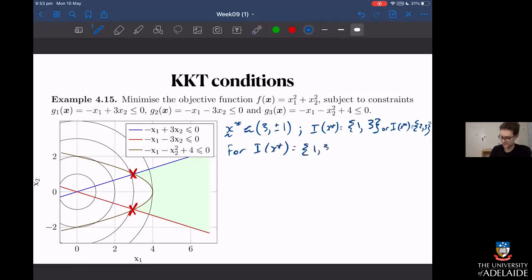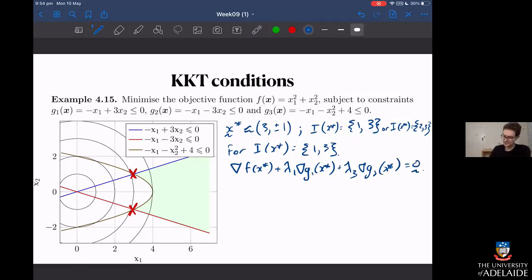So assuming that I'm at the top minimizer here, where the constraints 1 and 3 are activated, what would the KKT conditions look like? They'll look like the gradient of f evaluated at that point, plus lambda 1 gradient G1 plus lambda 3 gradient of G3 are equal to 0.